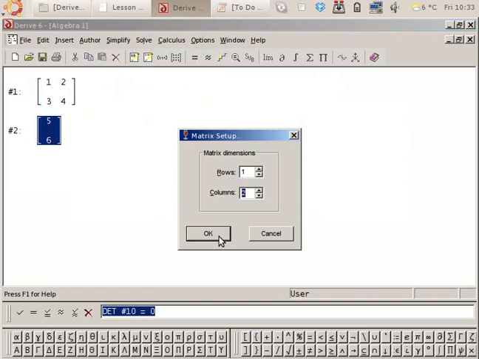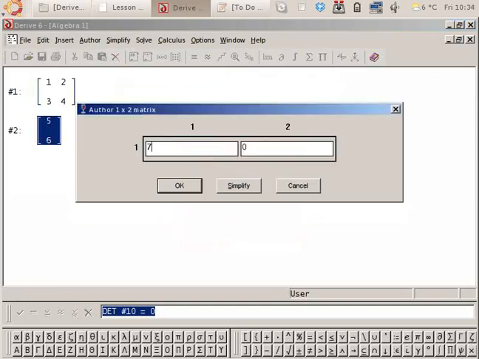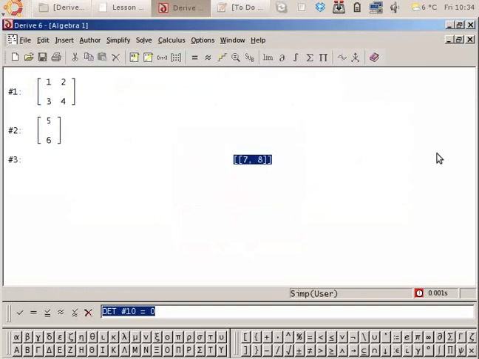So 1 row and 2 columns at the end. And we'll just call that 7 and 8 then. So I want you to type these 3 in.